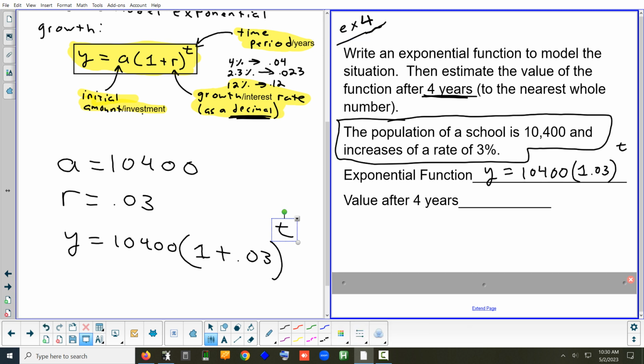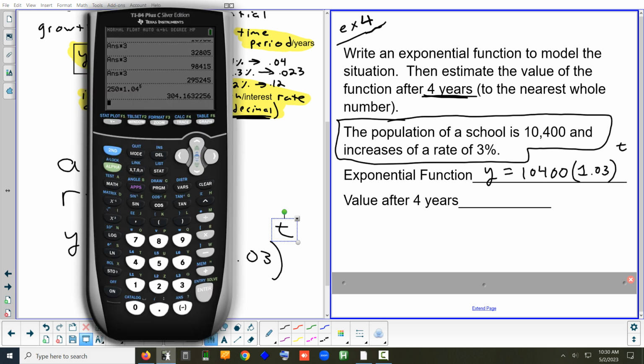Yep, for T. Okay, so again, you definitely need a calculator for this kind of problem. But you just type it in exactly in the order you see it. 10,400. Press the times button. Put in 1.03. And the exponent we want to use is a 4.